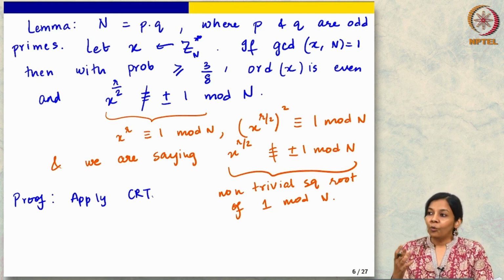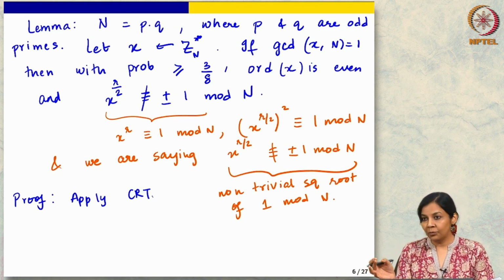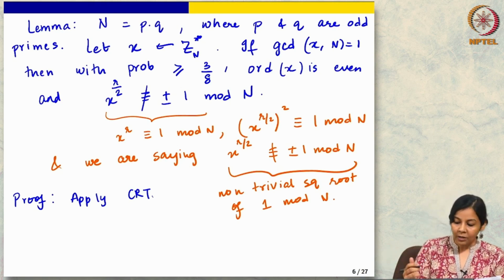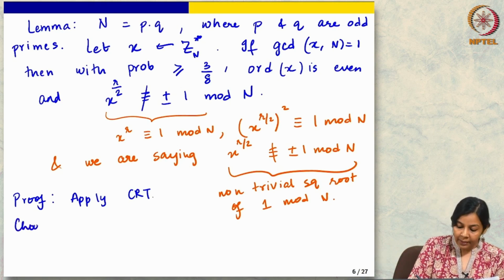We are going to think of these two elements as x1 and x2. So we will sample x1 randomly from Zp star, x2 randomly from Zq star, and we will denote each of their orders by R1 and R2 respectively. Let me write all this down.